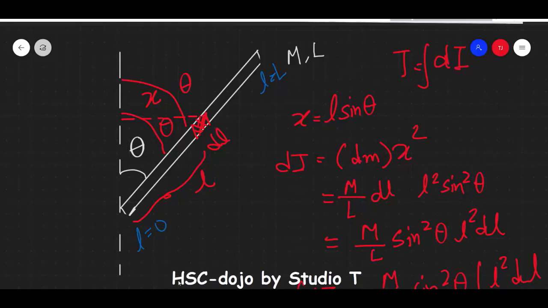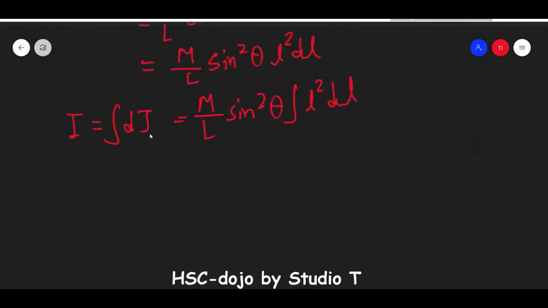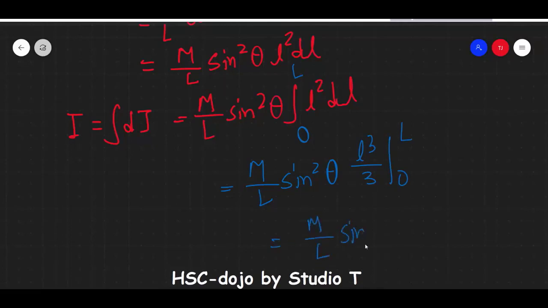So we have here from 0 to capital L, that is M by L sine square theta, and after integration we will have l cube by 3, and we have to plug in the limits. So our final answer is M by L sine square theta capital L cube by 3.